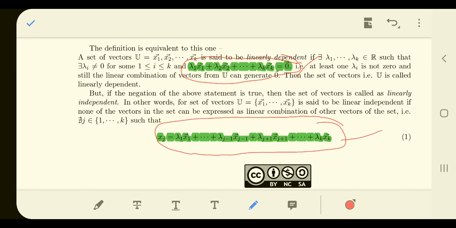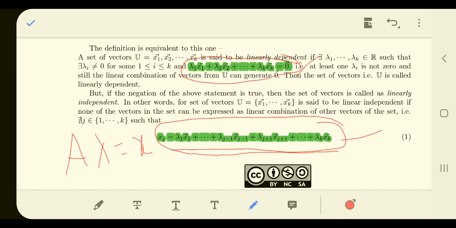Now, we also know that whenever we are talking about a linear combination of vectors, we can write it as A times lambda is equal to x_j. Why?